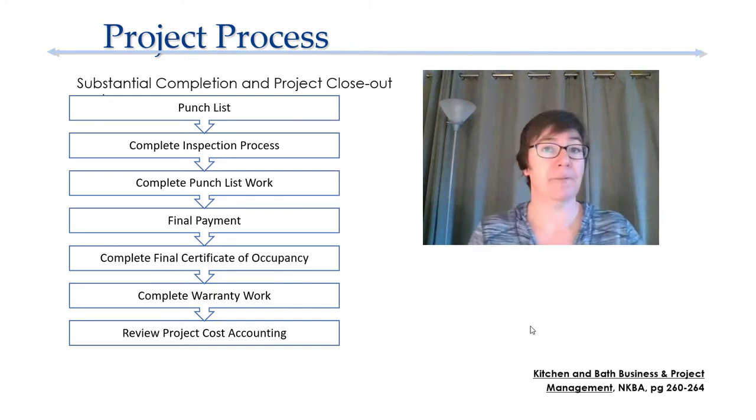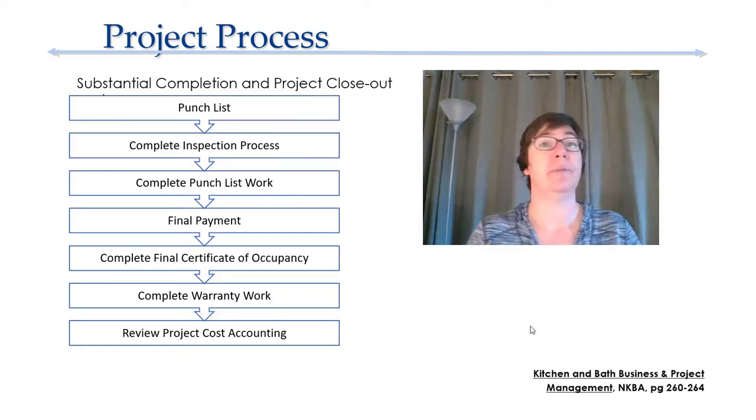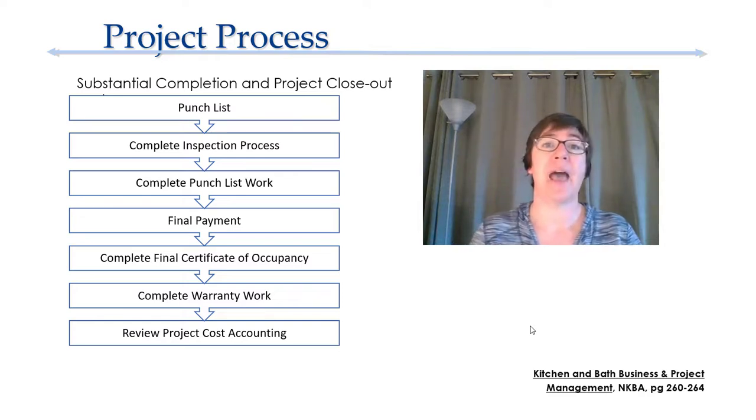So you can submit a final invoice and expect final payment at this section. The contractor will issue the final certificate of occupancy after all of those inspections have taken place. And if there's any warranty work that lingers after the project is done, that's the very last part of this project.